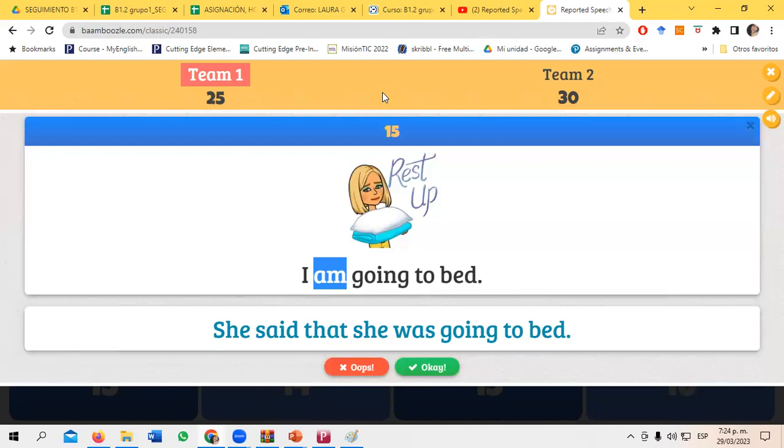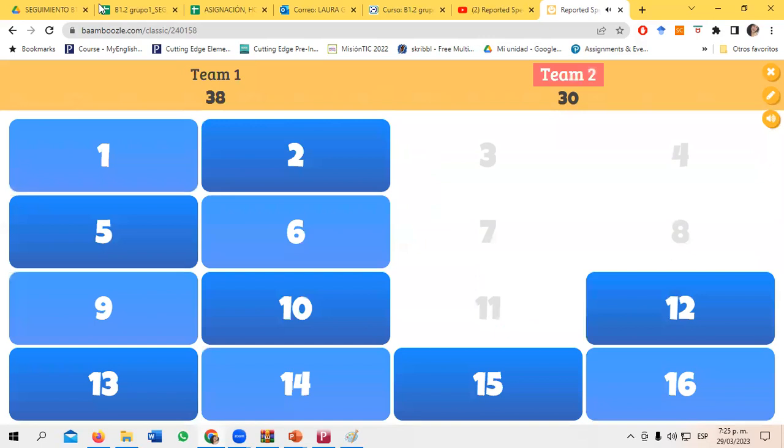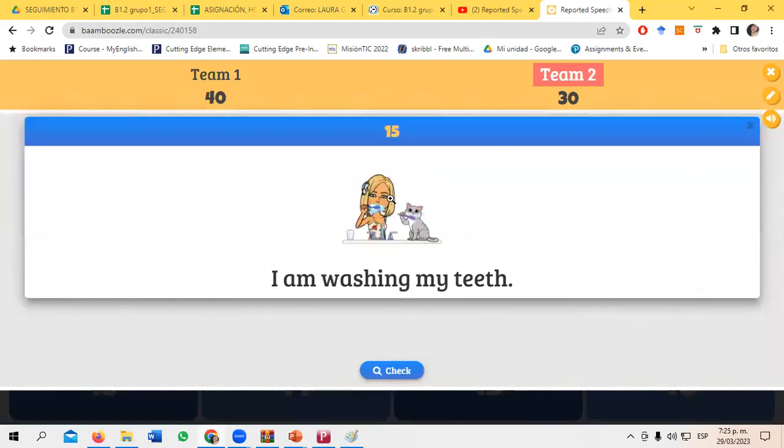Un tiempo al pasado. Ella dijo que se estaba yendo a la cama, right? Okay, for team number 2. Let's see, Elkin. 10. Right, number 10. I am washing my teeth.